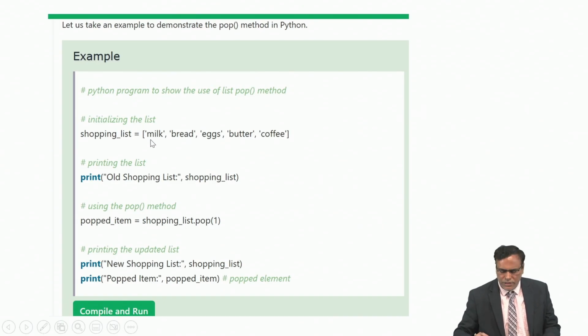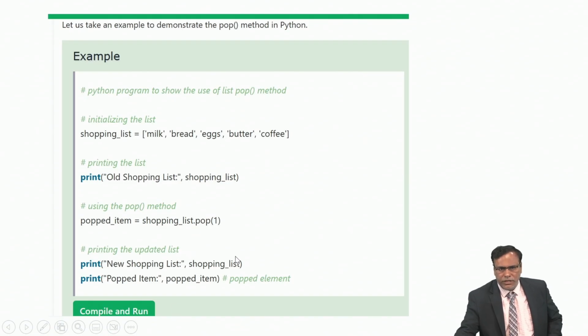See, here you can find one list, and from this list I have pop with 1 in the brackets. You know that in position 1 you have the item braid. So 1, 2, 3, 4, 5 items are there. If this braid gets removed, in the new list you are going to have only 4 items, right?